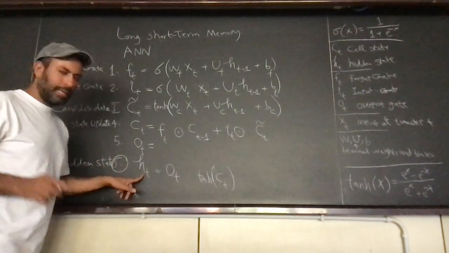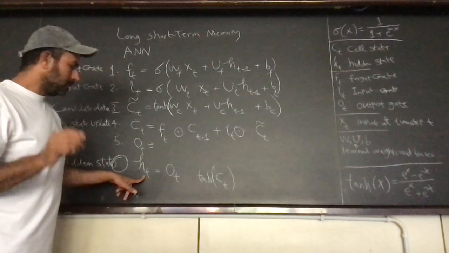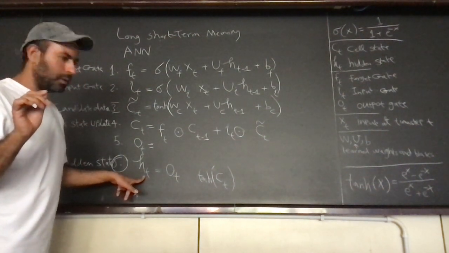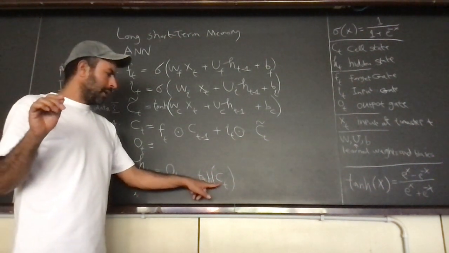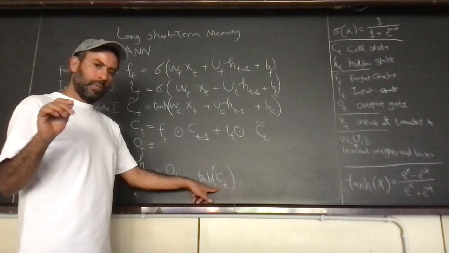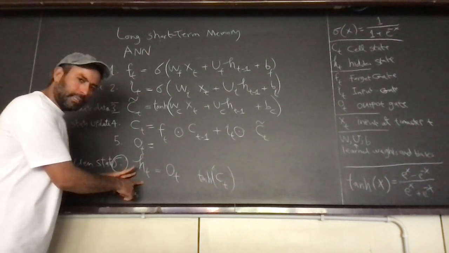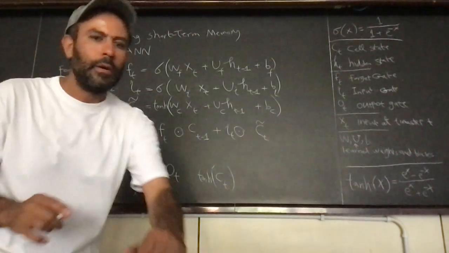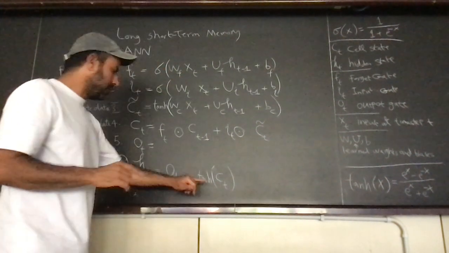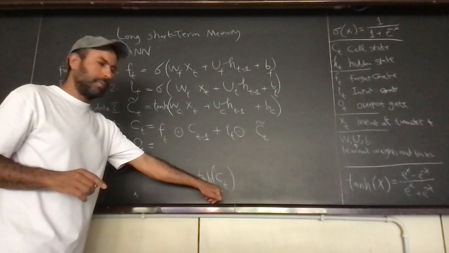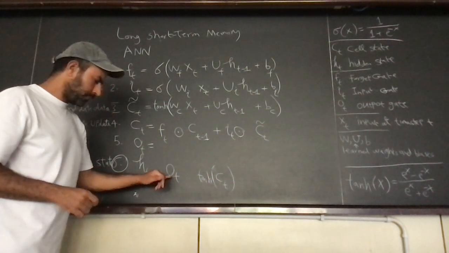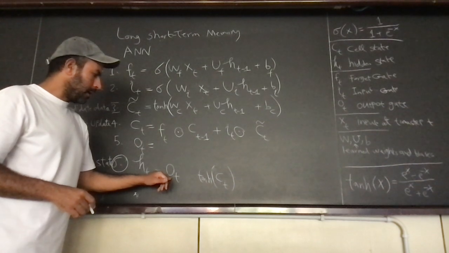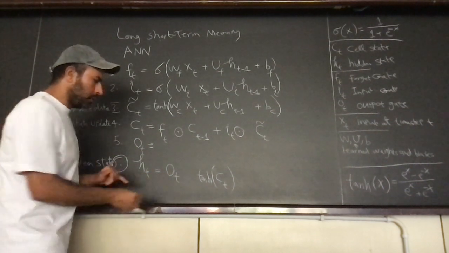The hidden state is a filtered version of the long memory. The hidden state is the short memory. It's a filtered version of the long memory, the cell state, into the space of the output.